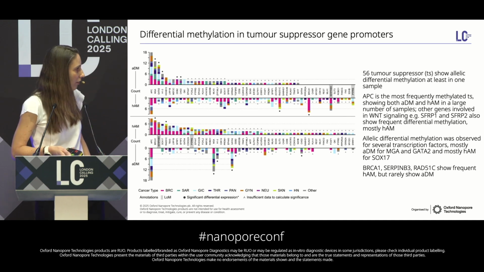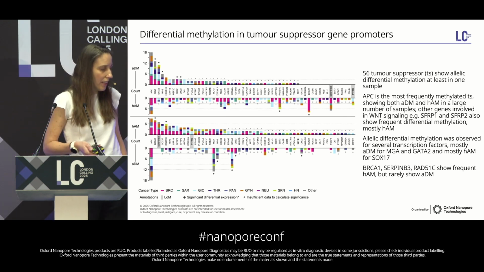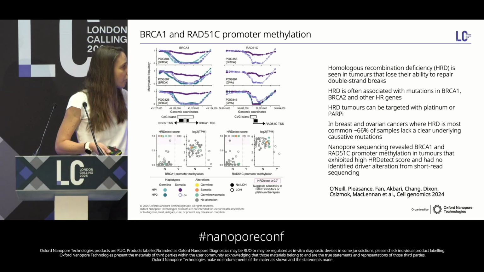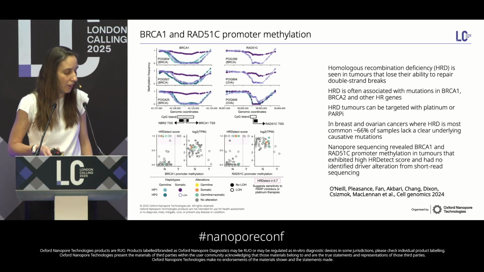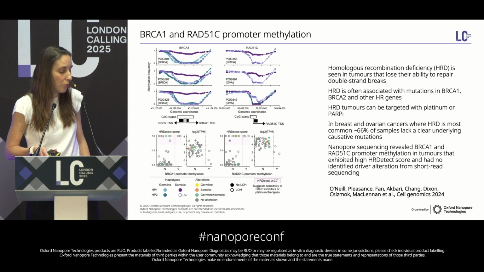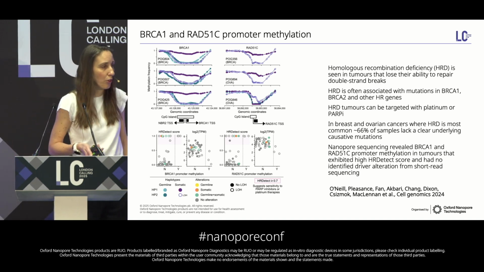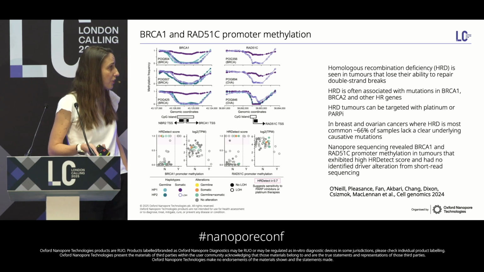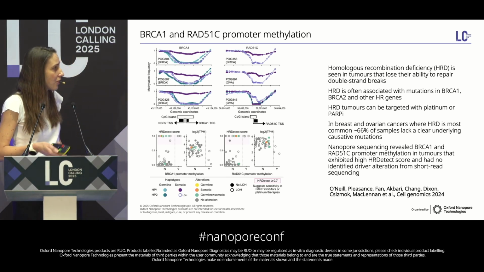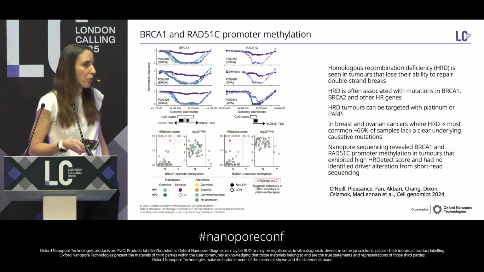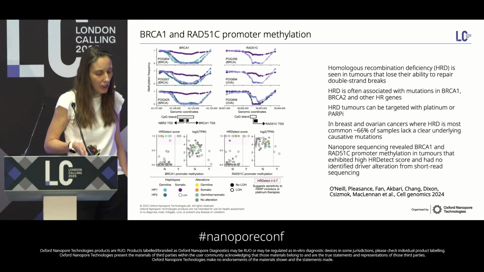You might have heard about these genes. They are important to look at in tumors because some tumors have homologous recombination deficiency, and we know that this deficiency, HRD, is often the result of a mutation in BRCA1, BRCA2, or another HR gene.